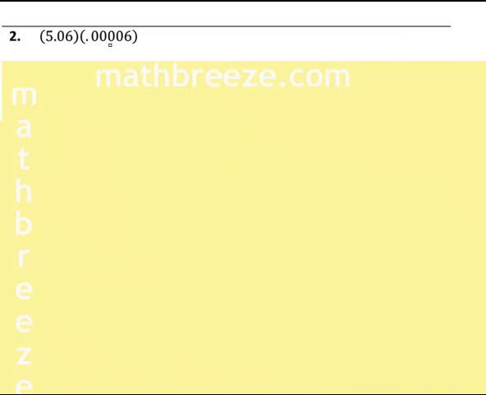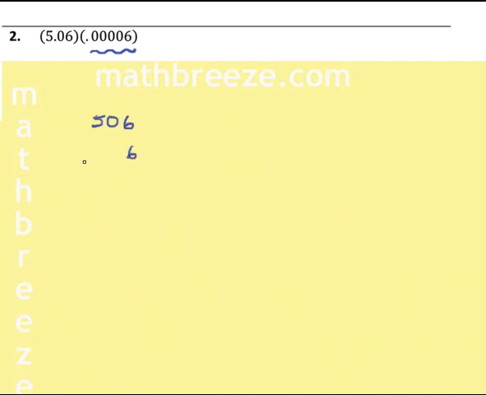In number 2, one of our factors, or one number that we're multiplying by, has a lot of leading zeros to the right of the decimal point. All right. In that case, rather than multiply by all these zeros and have a lot of rows of zeros while working out the product, we can just multiply ignoring our decimals.